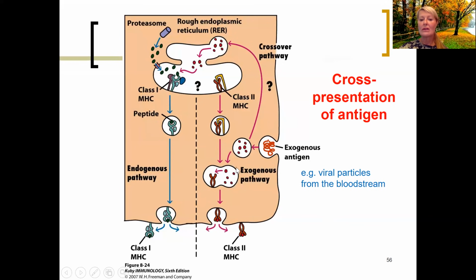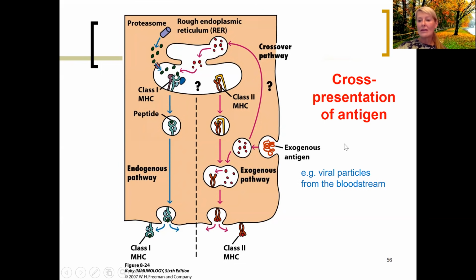So a way of dealing with two different kinds of pathogens, really: the intracellular viruses, for example, when they're actually making their proteins inside the cell, and bacteria or other parasites that are taken in by sampling from the environment outside the cell.